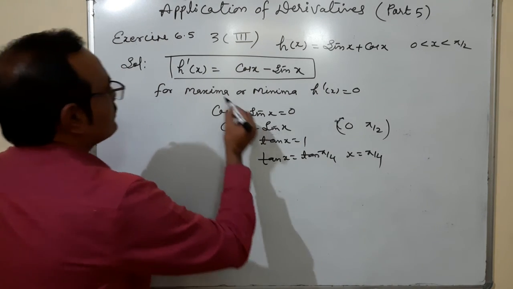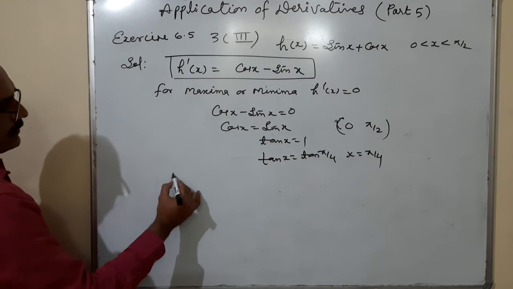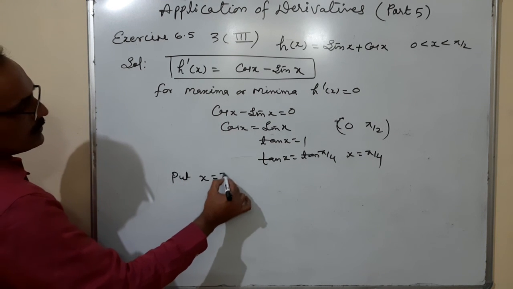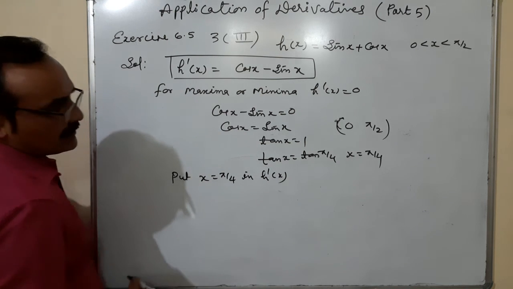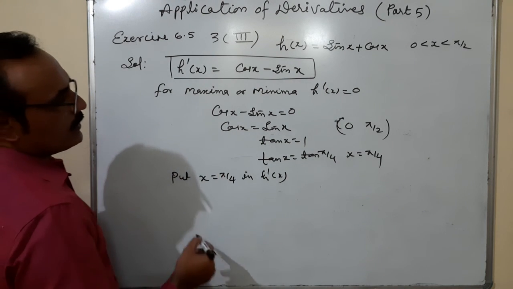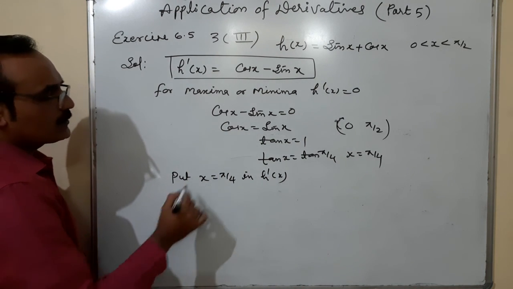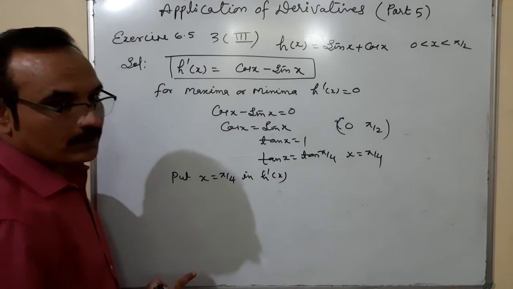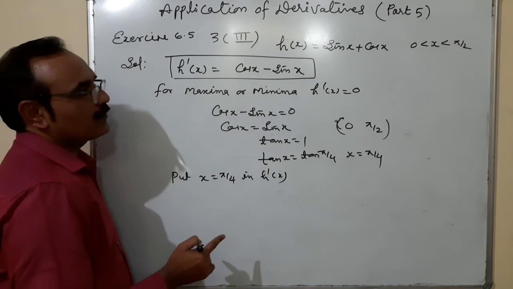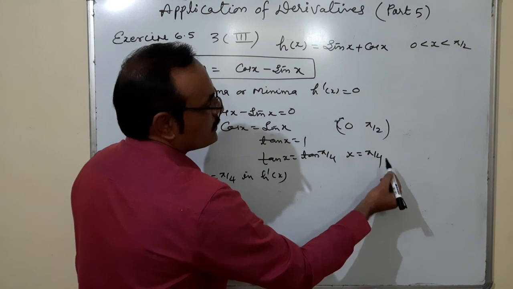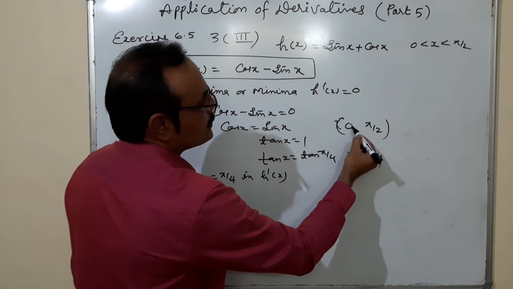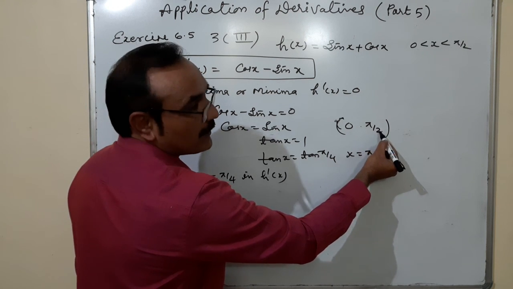So I can put x is equal to pi by 4 in h dash x. Okay. So what is coming here? When I put exact pi by 4 here, we get the result 0, because this is the interval. So 0, pi by 4 and pi by 2.